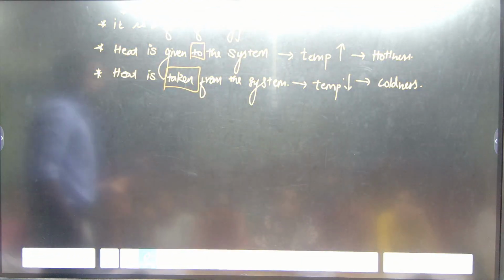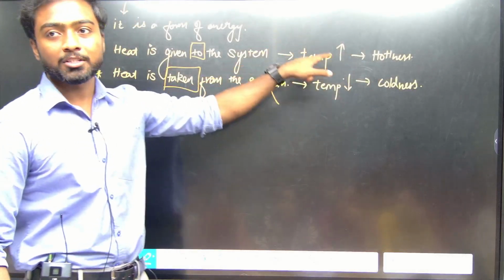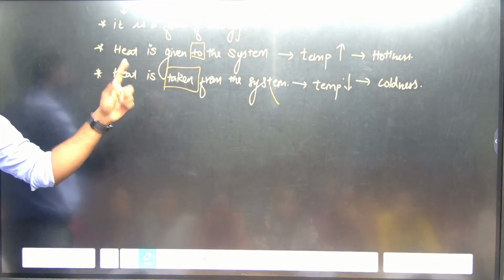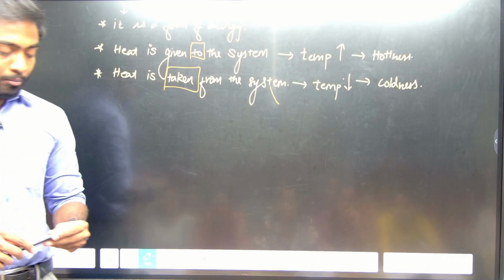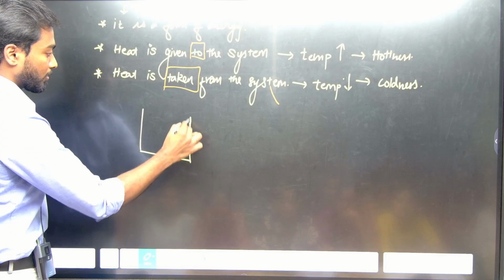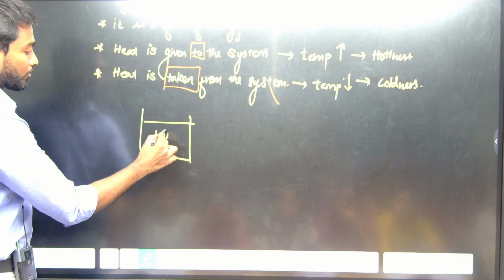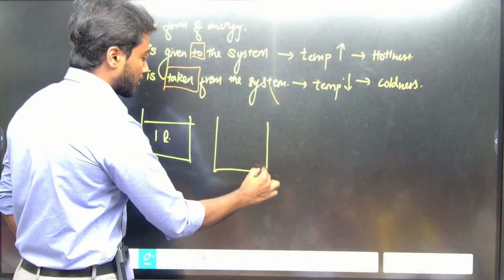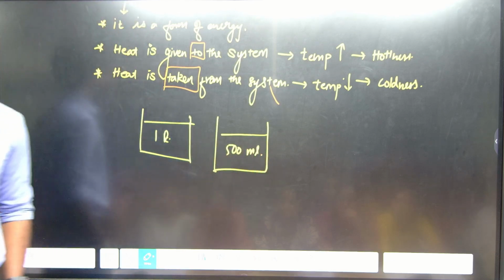So here, if we talk about heat, heat is directly proportional to the temperature. If temperature is raised, the hotness increases. If the temperature is reduced, the coldness will take place. One more thing: I'll take an object with 1 liter of water, and a second object with 500 ml of water, half the quantity.